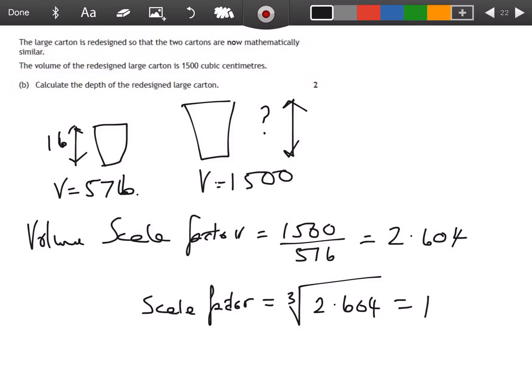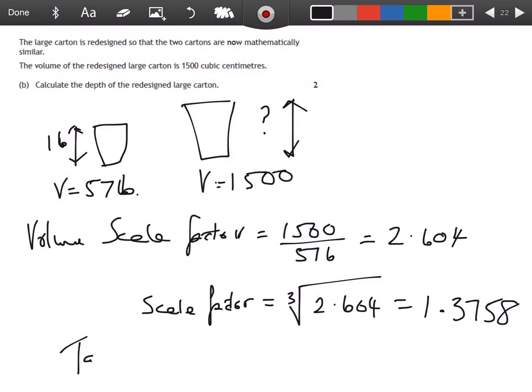I don't know what I typed in there, it's definitely wrong. Right, let me start again. 1500 divided by 576. And I want to do the cube root of that answer. 1.3758. So this is how many times bigger in height the big one is compared to the wee one.